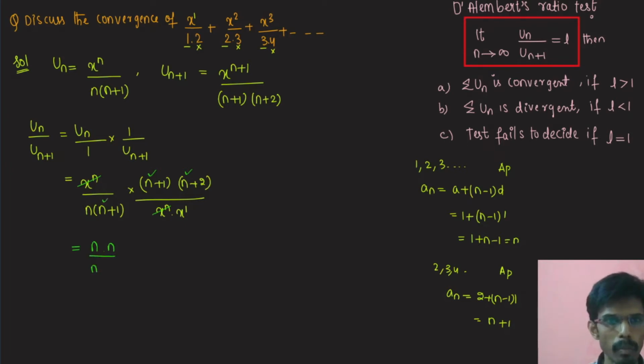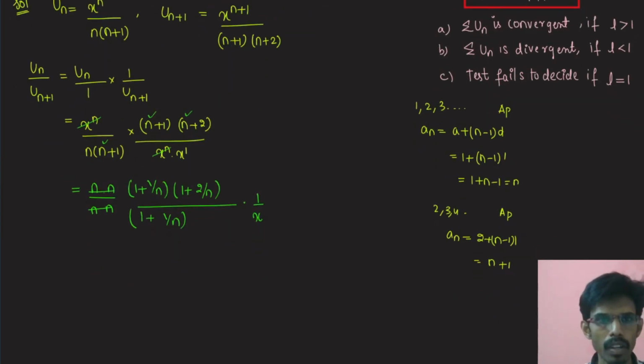Now take n common here. So in the numerator we are left with 1 plus 1 by n into 1 plus 2 by n upon 1 plus 1 by n, into 1 by x. Now this n will get cancelled.